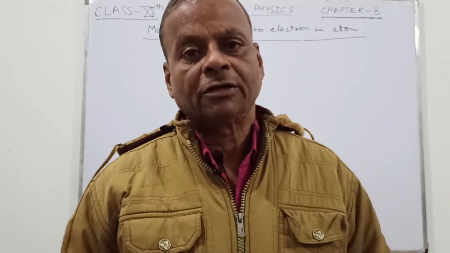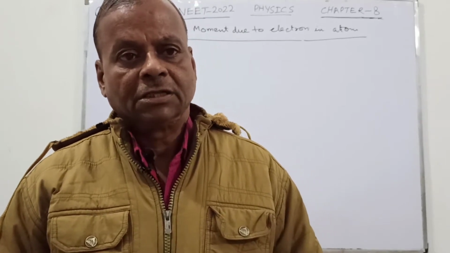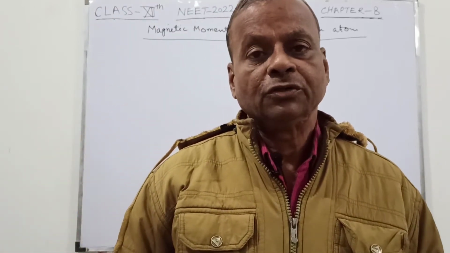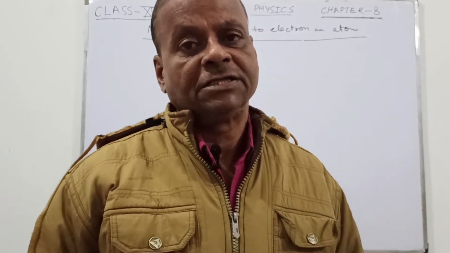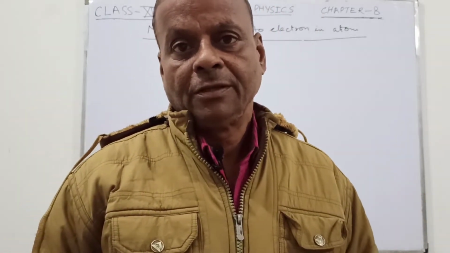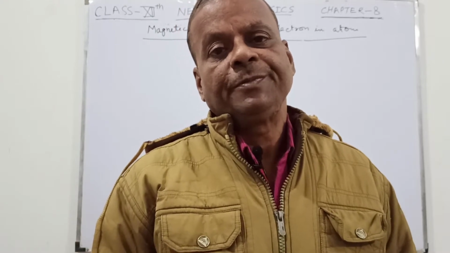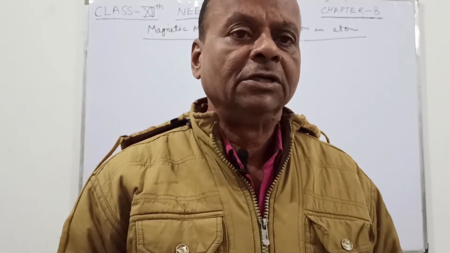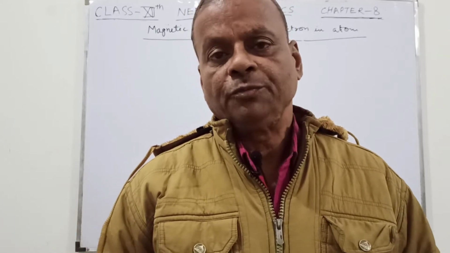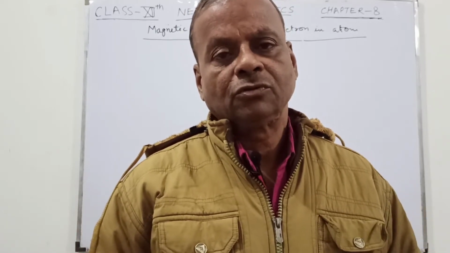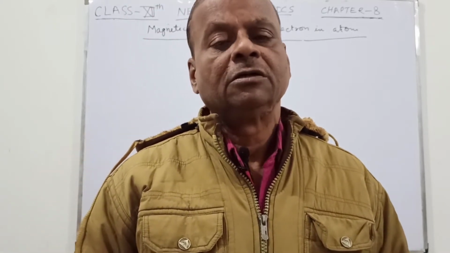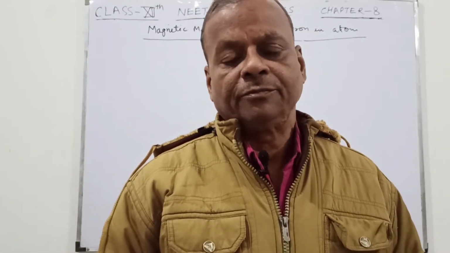So the moving electron is just like a current loop, and we know that whenever there is a current, there is a magnetic field. It means that this will behave just like a magnet. This is a small magnet that is called the atomic magnet. So today we will discuss the magnetic moment due to the electron in the atom.